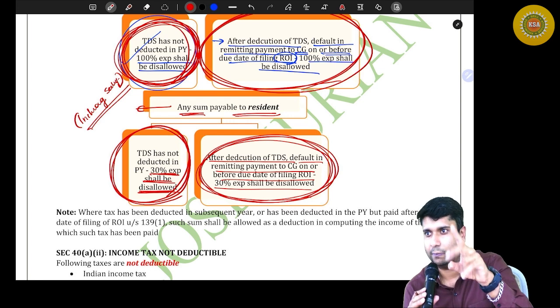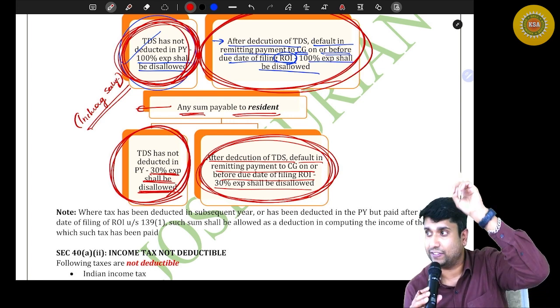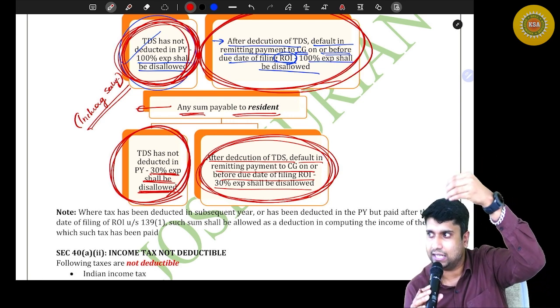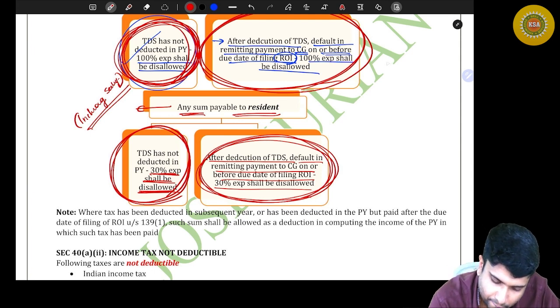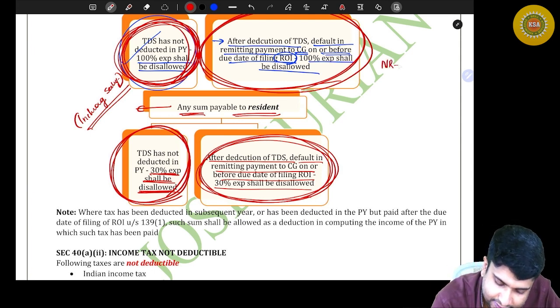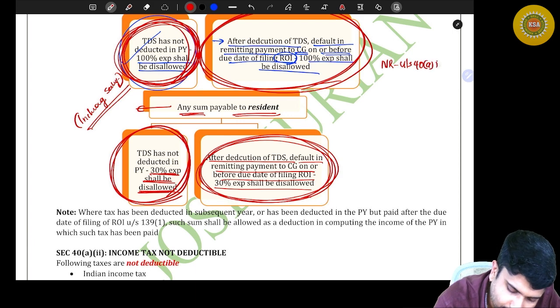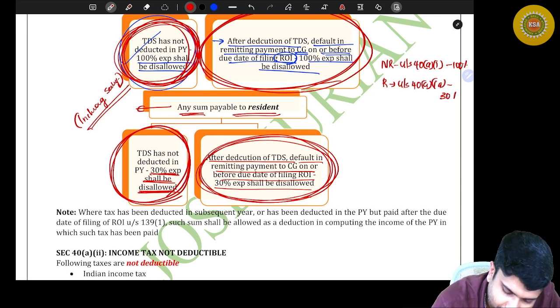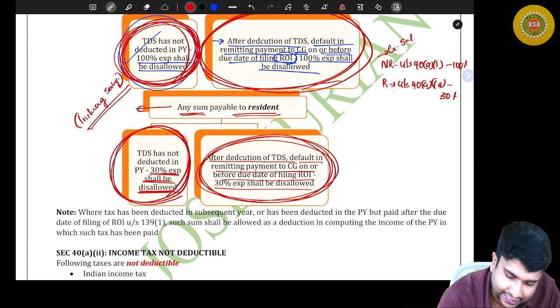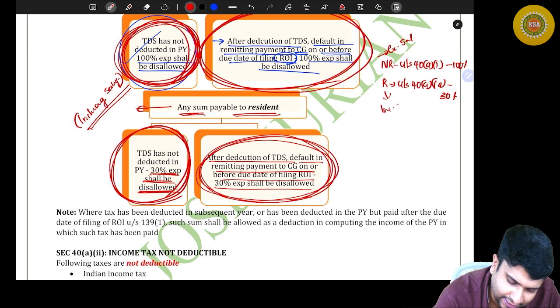First difference: payee NR in the first case, which means under section 40(a)(i), and the disallowance is 100%. Payee resident in the second case means under section 40(a)(ia), and the disallowance is 30%. In the first case, excluding salary; in the second case, everything, including salary.